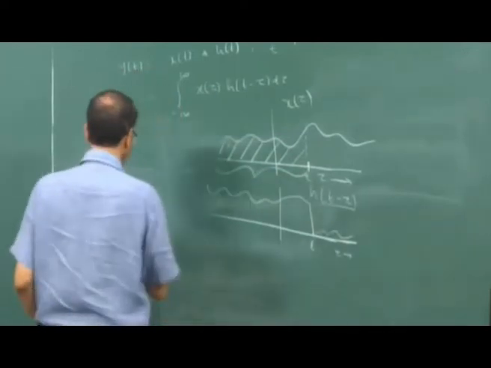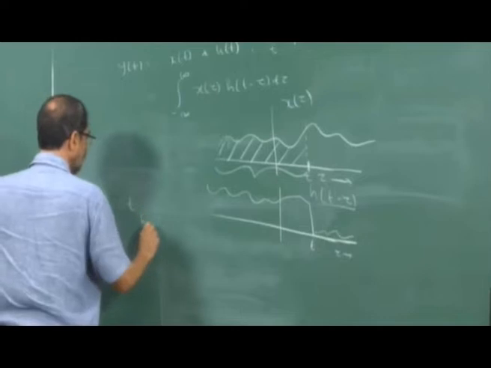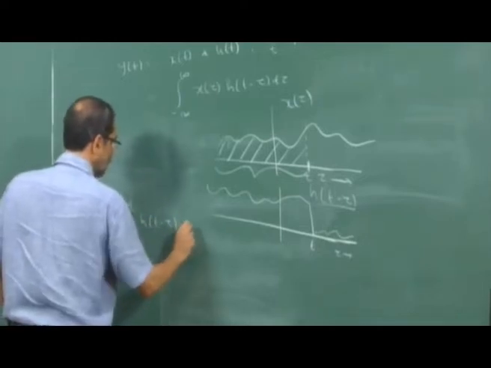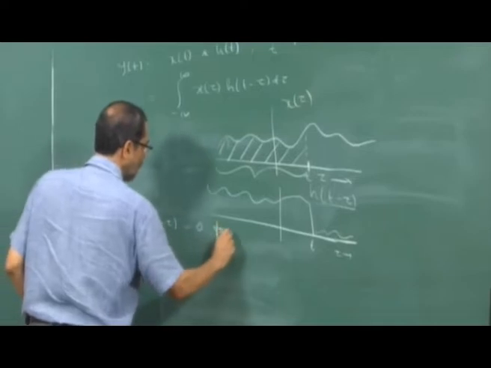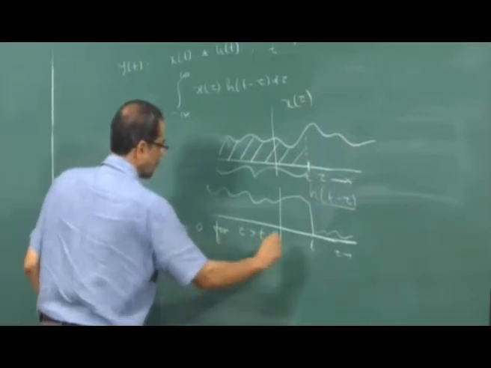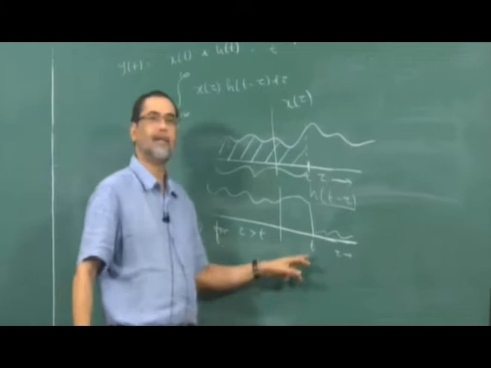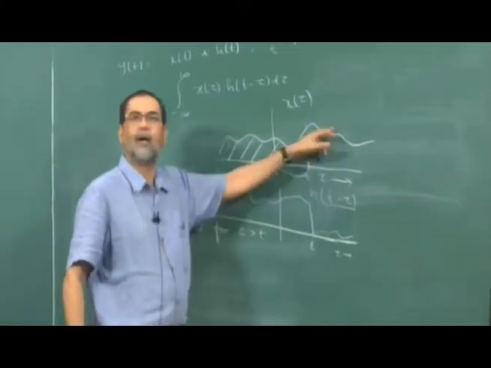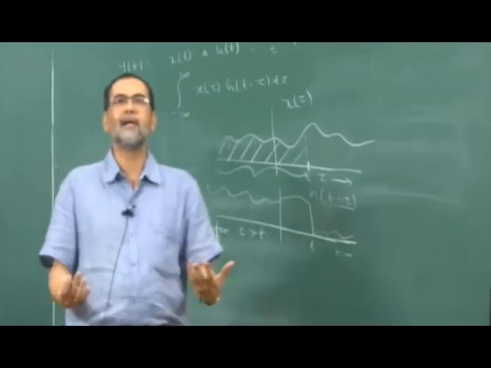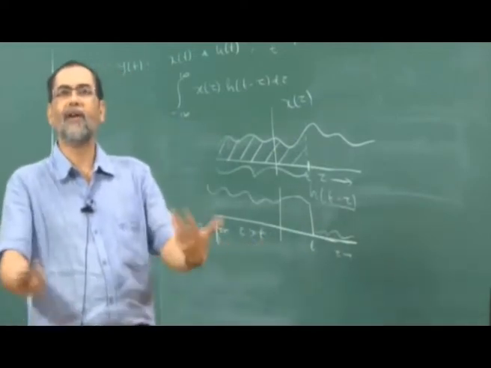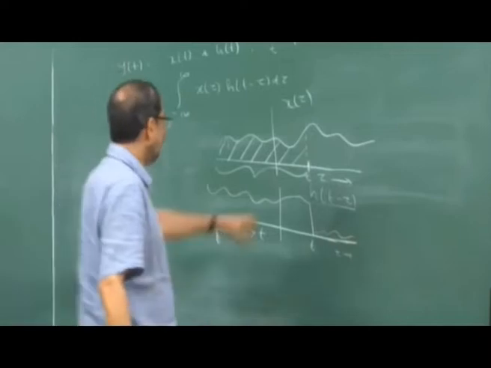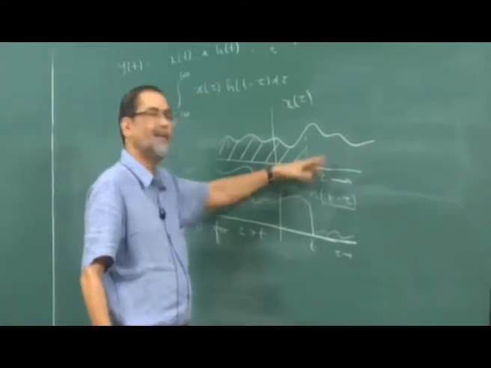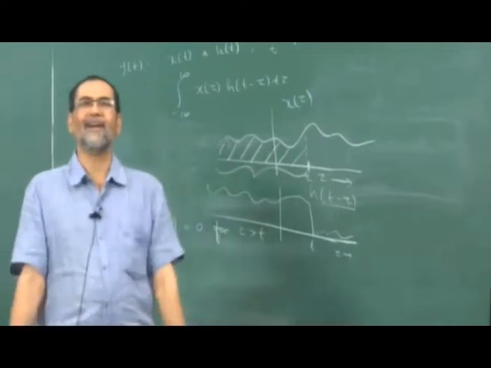So one requirement is that at time t, h of t minus tau should be 0 for tau greater than t. Otherwise, they will have overlapping areas where you can find the product and the area under the product for y at time t equal to t, in which case causality will be violated.